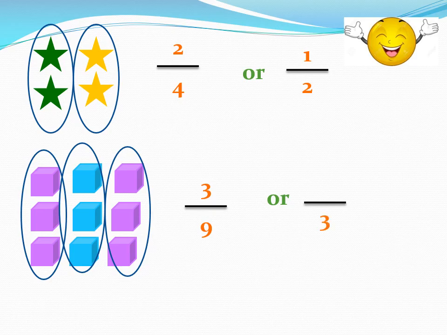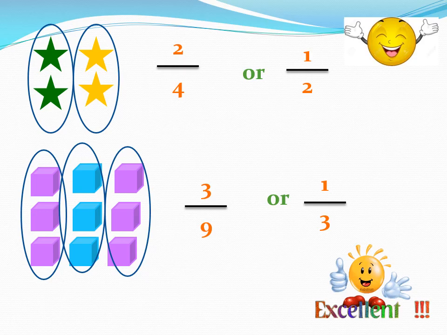Here I have 3 groups. Above the line, I will write how many groups are blue. Excellent, I have 1 blue group. So, our fraction will be 1 over 3. So, 3 over 9 equals 1 over 3, that's called a third.